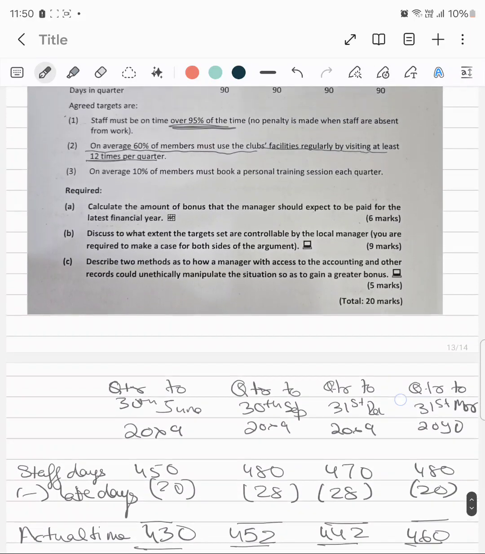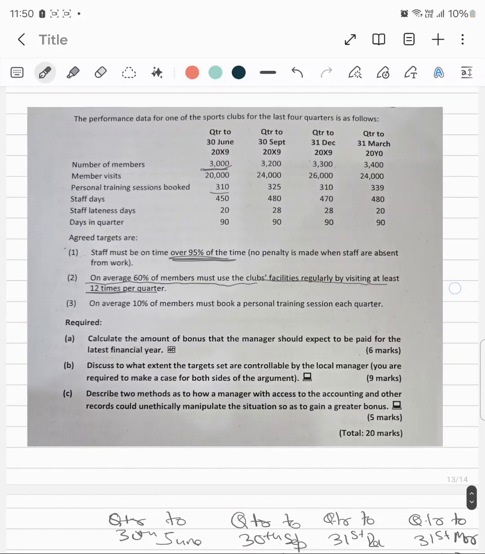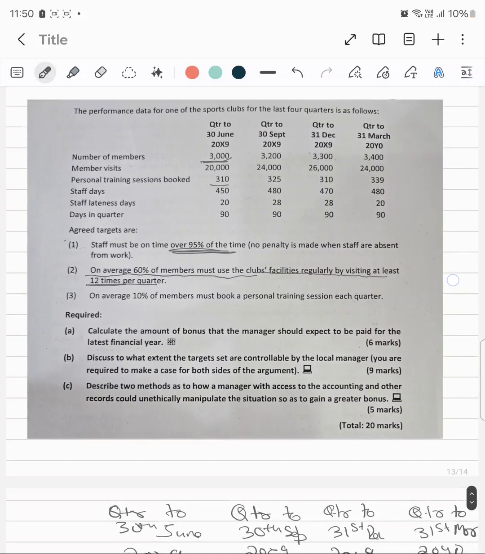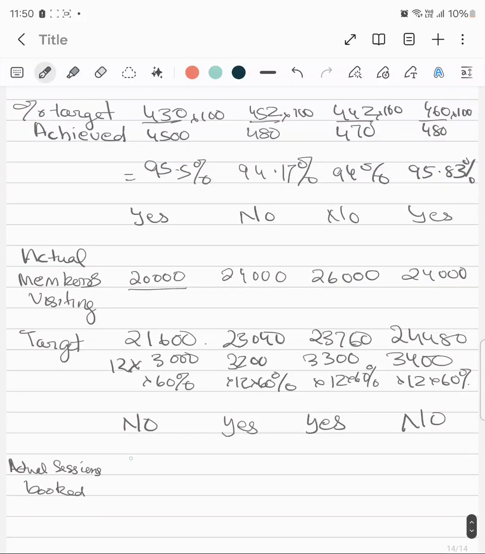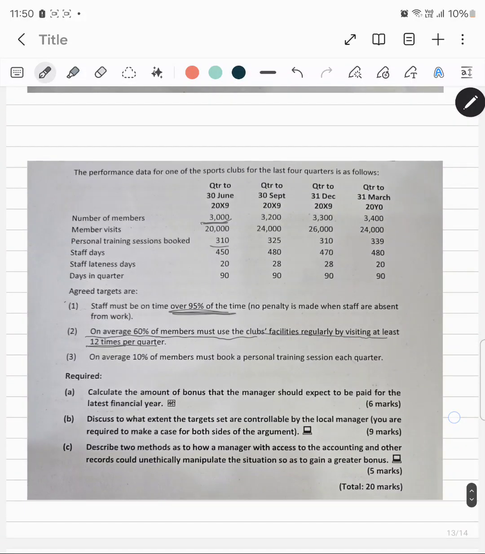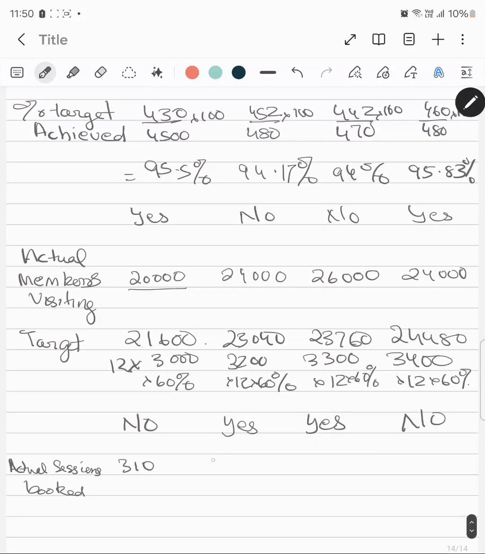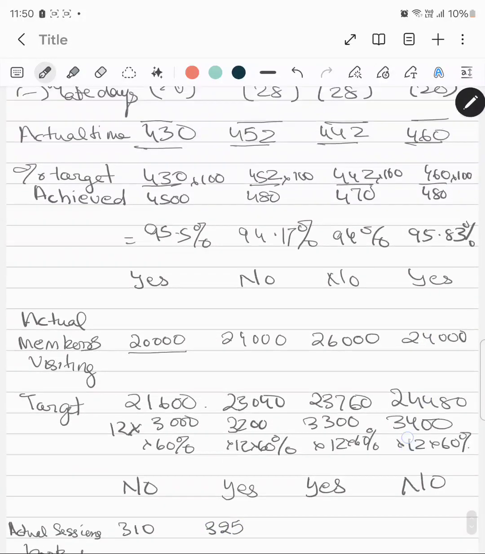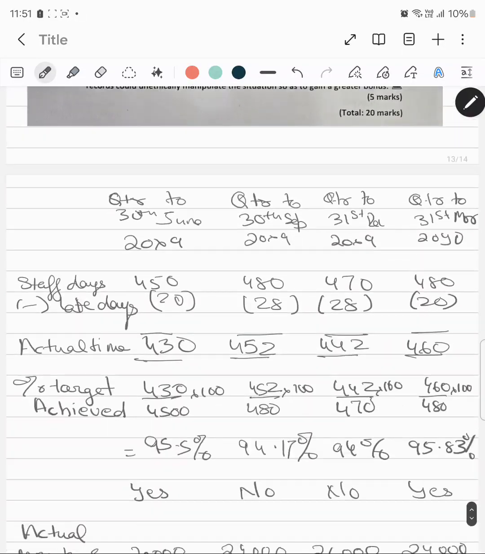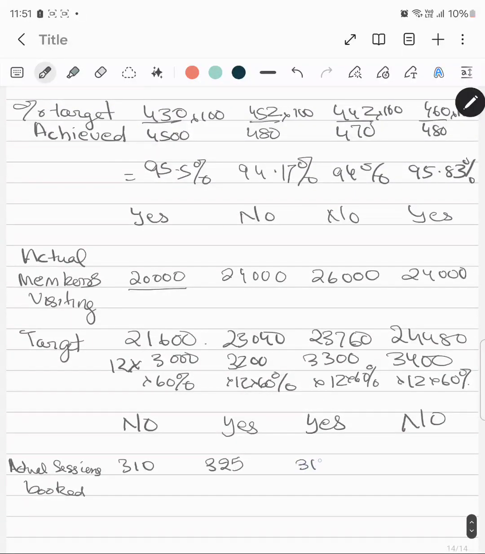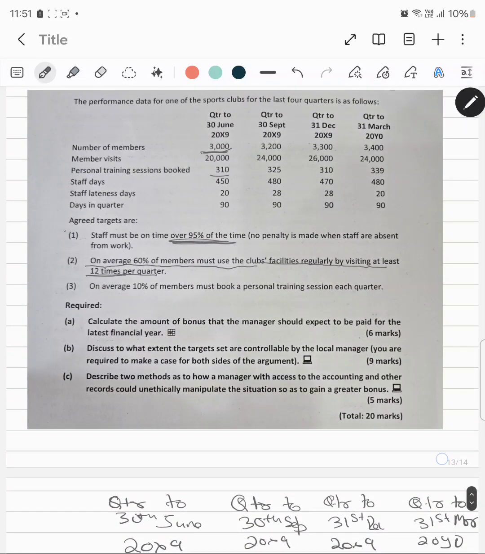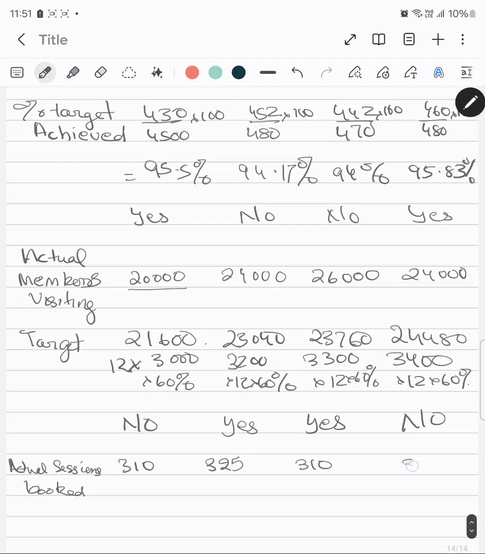Now actual sessions booked are 310, 325, 310 and 339.